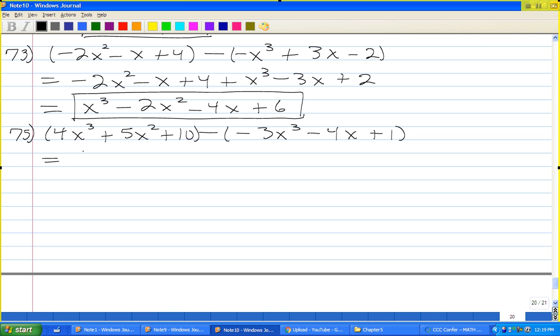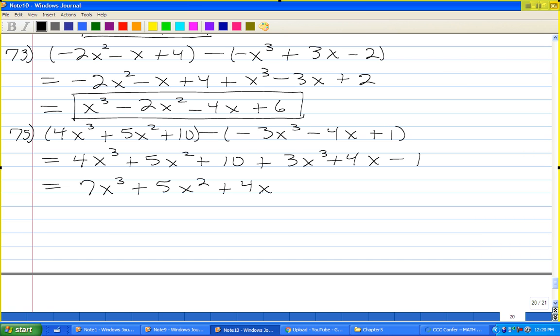Getting rid of the parentheses, I have 4x cubed plus 5x squared plus 10. Subtracting, change all the signs inside the parentheses. I have plus 3x cubed plus 4x minus 1. 4x cubed plus 3x cubed is 7x cubed. 5x squared is the only x squared term. Plus 4x, that's the only x term. 10 minus 1 is 9.